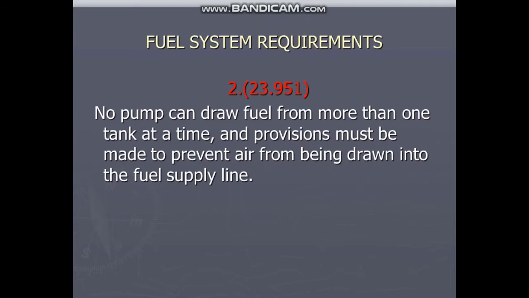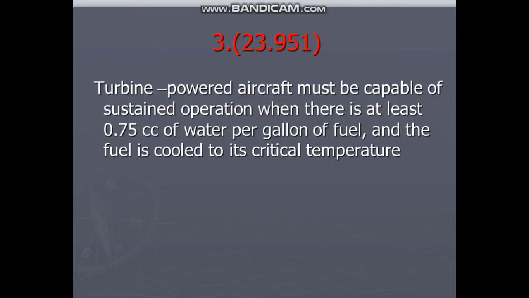The second requirement: no pump can draw fuel from more than one tank at a time, and provisions must be made to prevent air from being drawn into the fuel supply line. Number 3.